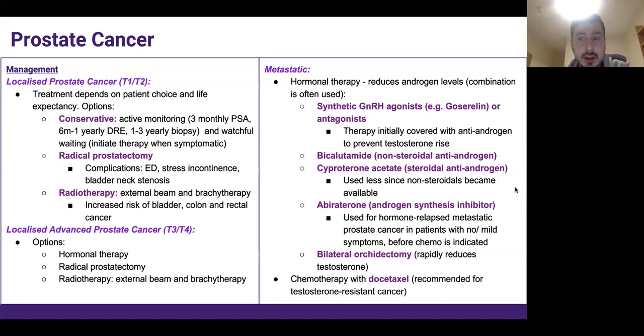So you want to cover this initial rise before the subsequent fall with an anti-androgen agent, a non-steroidal anti-androgen like bicalutamide. There's also a role for removal of the testicles, so an orchidectomy, because they are ultimately the source of your production of testosterone, but this is not done as much.